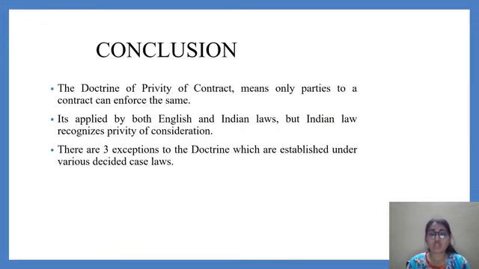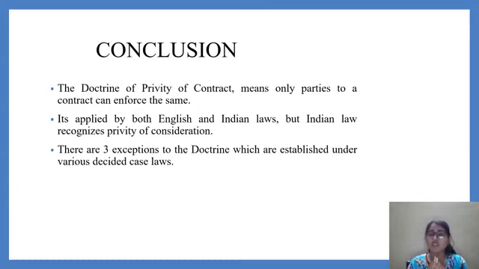Okay. So now in this particular video, we have learned what is the privity of contract, what is its applicability under English law and Indian law, and what are the three exceptions to this doctrine which are established under various decided case laws. We have looked into these case laws one by one to understand these exceptions and the concept of the doctrine of privity of contract.